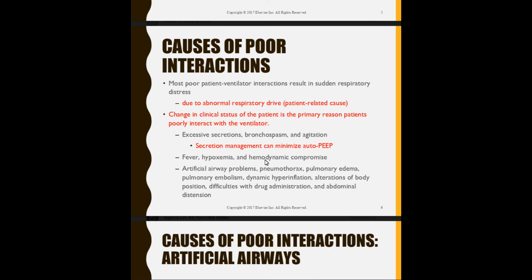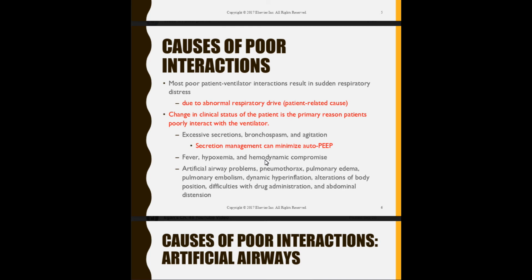Okay? Change in clinical status of the patient is the primary reason why patients poorly interact with the ventilator. So, them starting to change for the worse is a clear indication that they're not in sync with the ventilator.